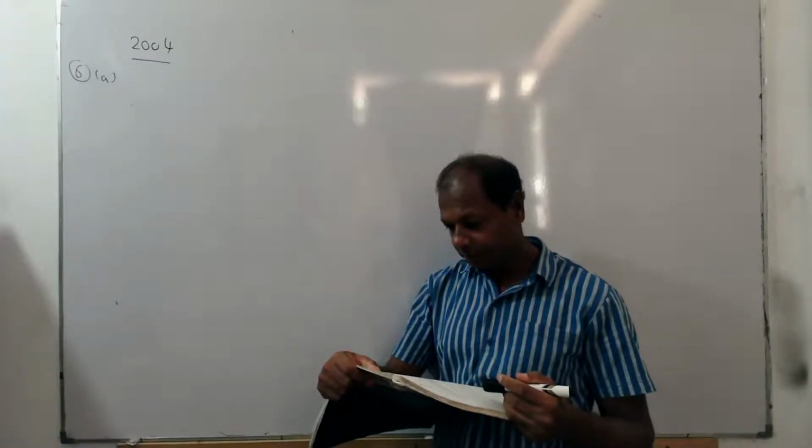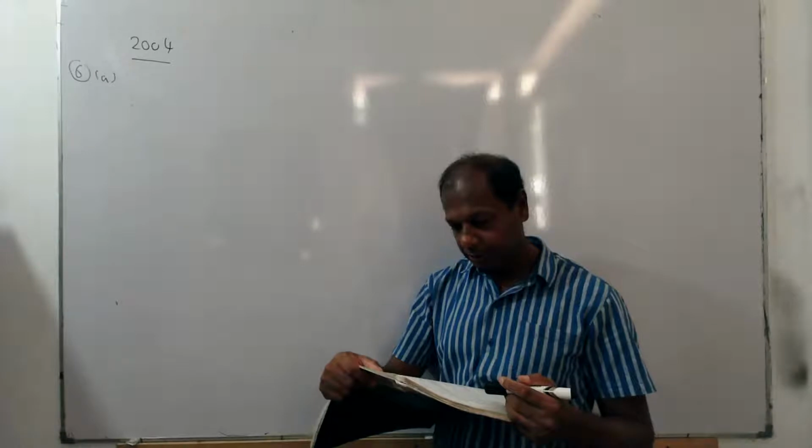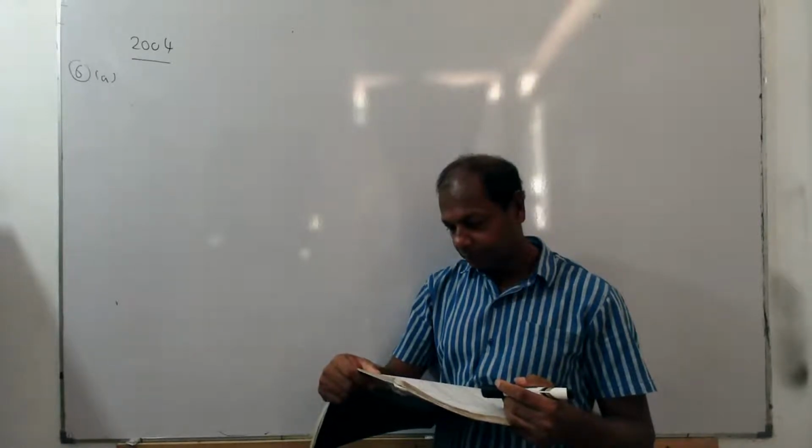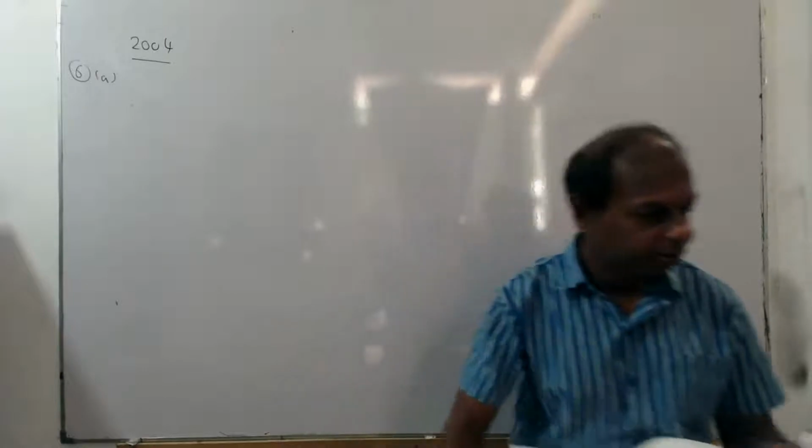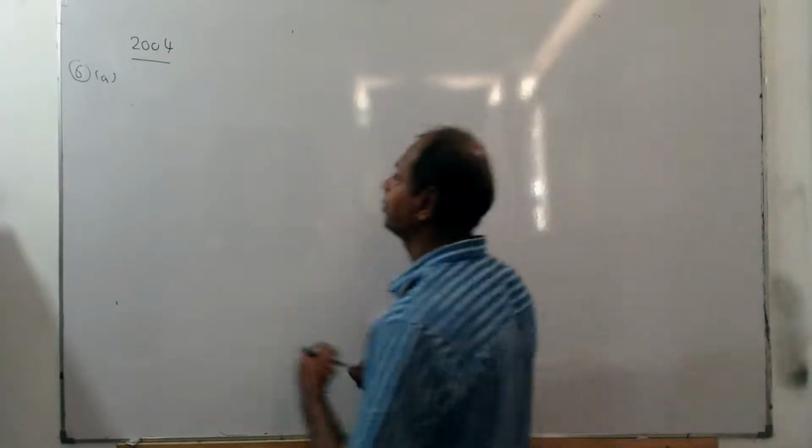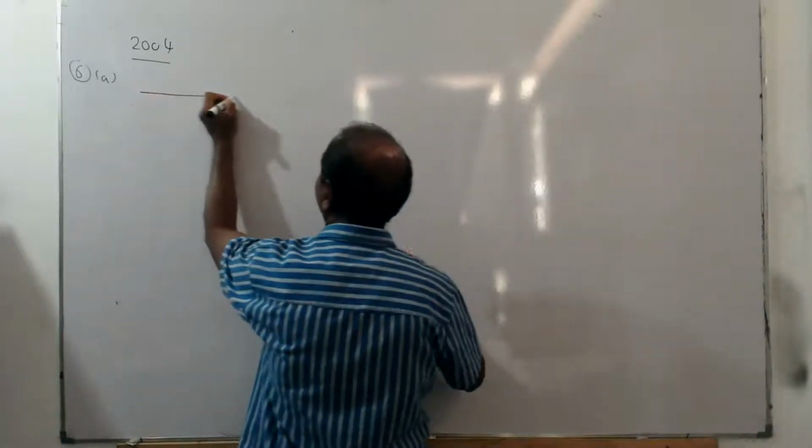The system hangs in equilibrium. AB and CD are inclined by the same angle alpha to the horizontal. It's some story like this.